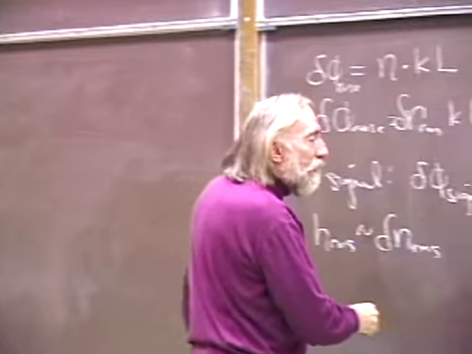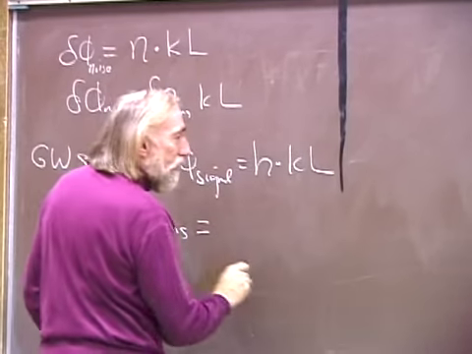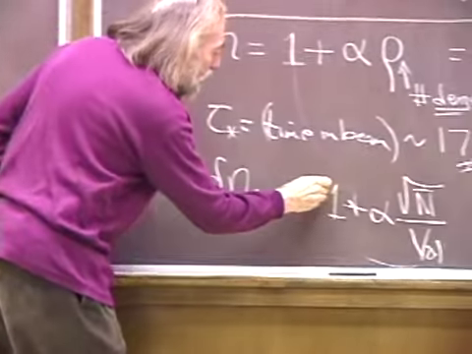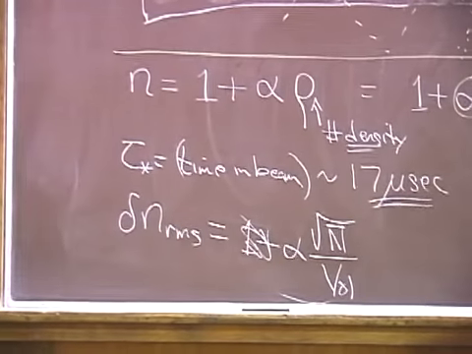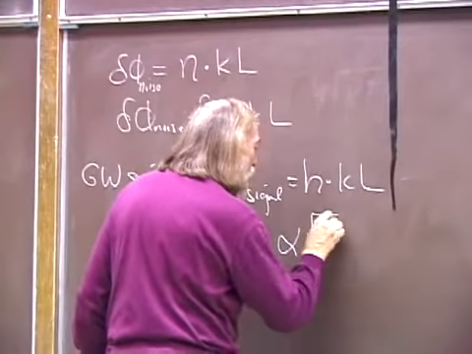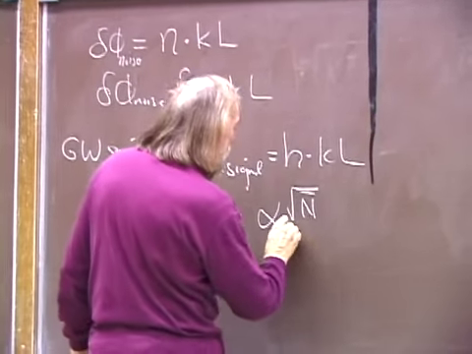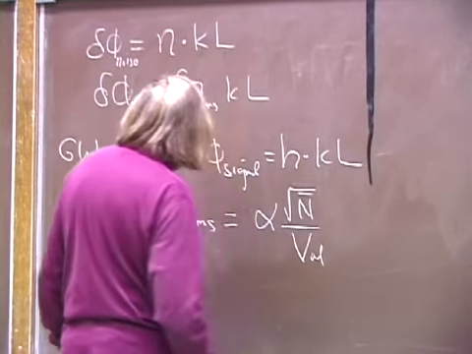And so that RMS noise then looks like this, the 1 goes away in the fluctuations. So it looks like the polarizability times the square root of the mean number of molecules divided by the volume of the beam. Okay.